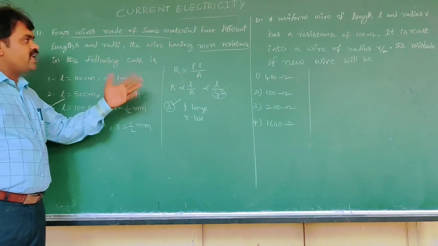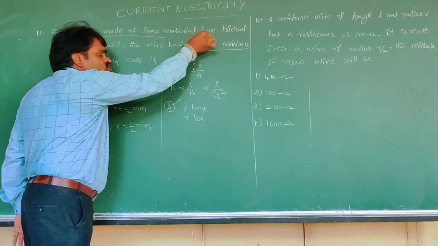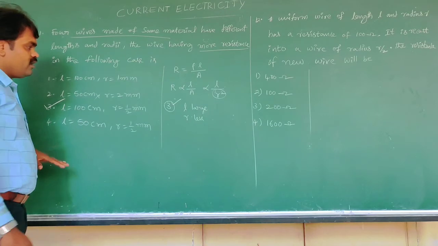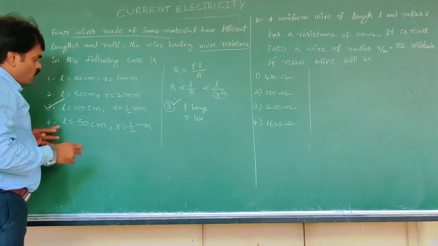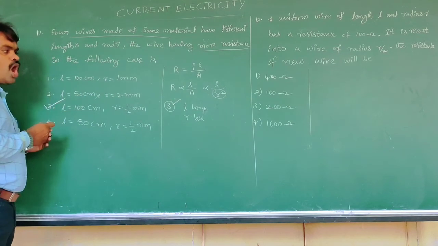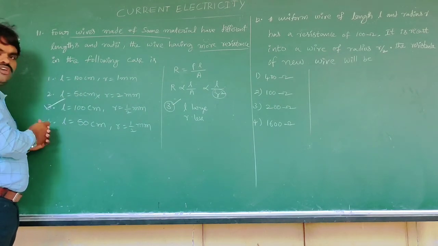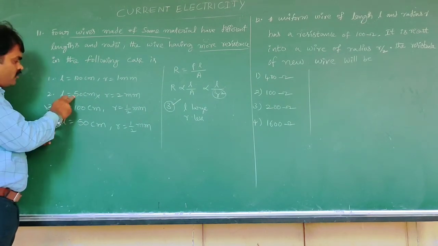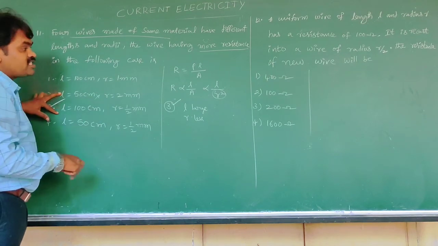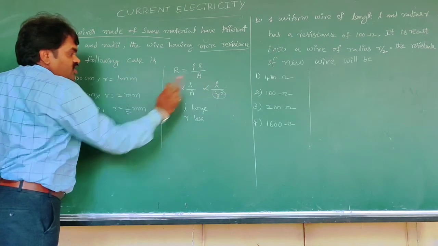Maybe the same question they ask for less resistance. Which one is the less resistance? For less resistance, in these 4, which L is small? 50 and 50, in these two. But which one has the more radius of cross section?